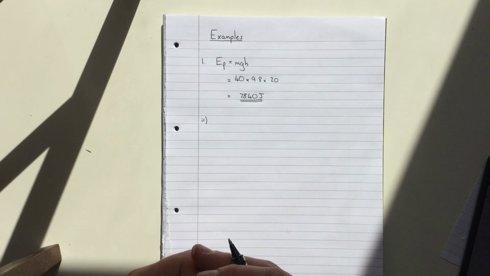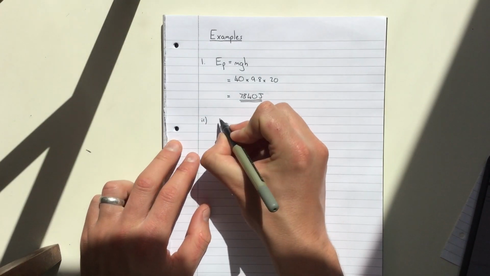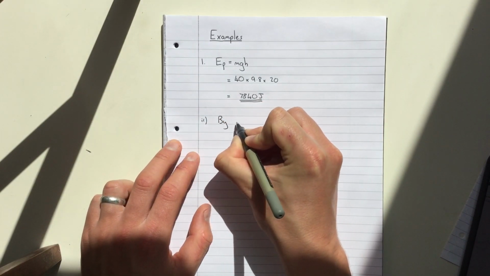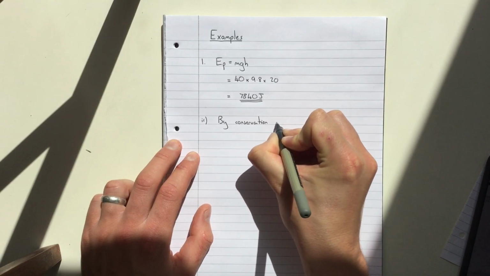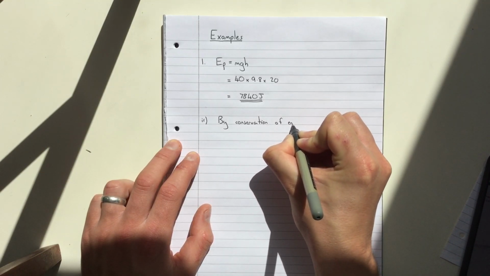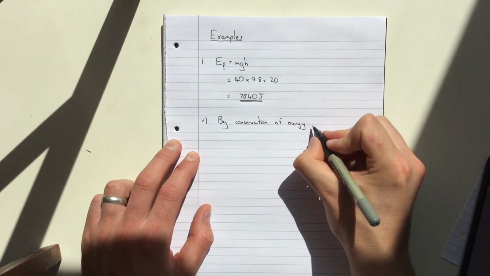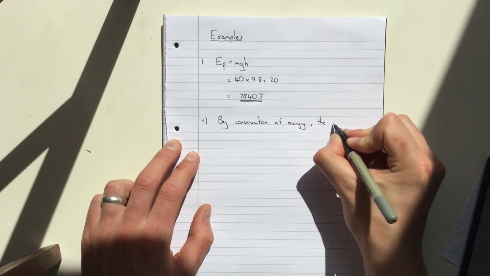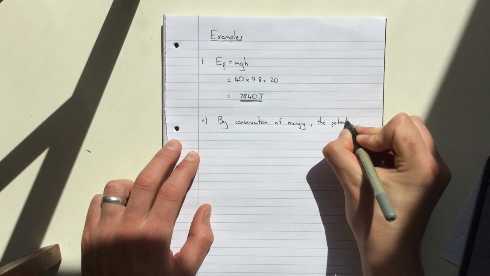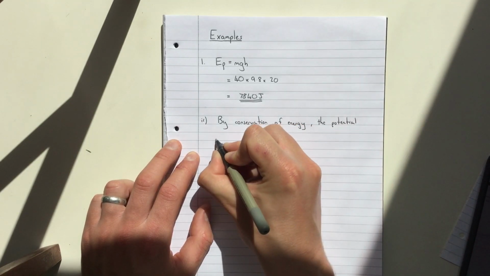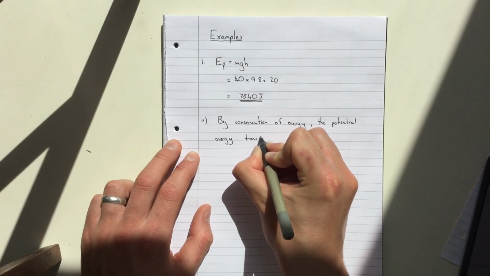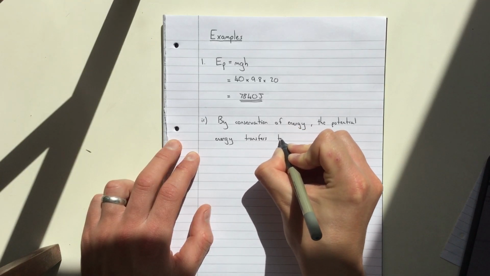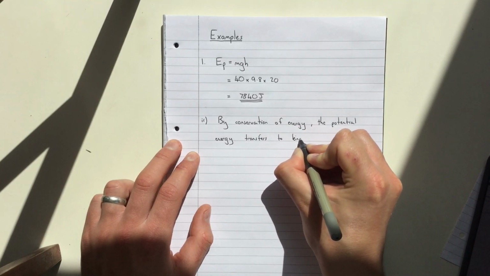Now, looking at the information we've received, we don't have any velocity, so we can't actually figure out EK equals a half mv squared. What we need to say is this: by conservation of energy, the potential energy transfers to kinetic energy.